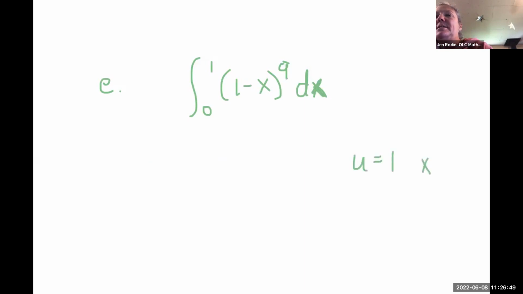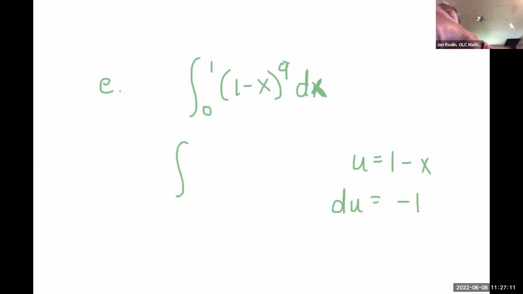Again, what's in parentheses is 1 minus x. So we check that. Is that going to work for my U substitution? The derivative of that would be -1. All right, well, that's fine. So I'm going to change my limits of integration.